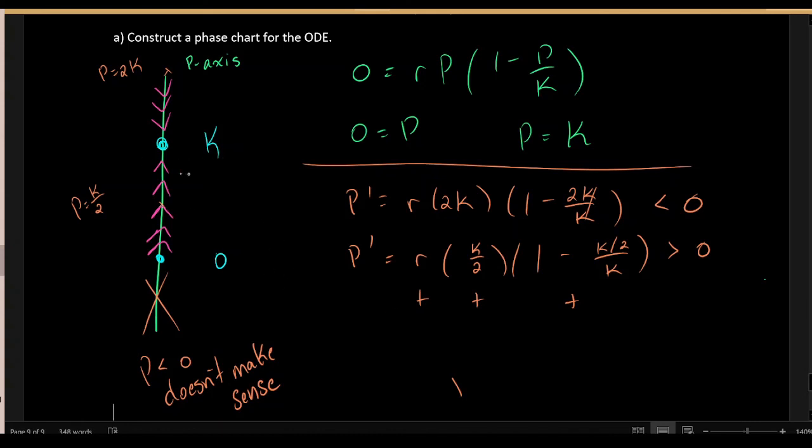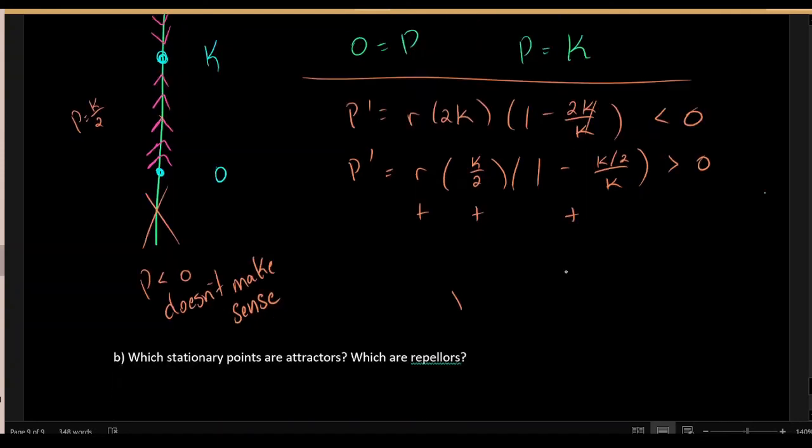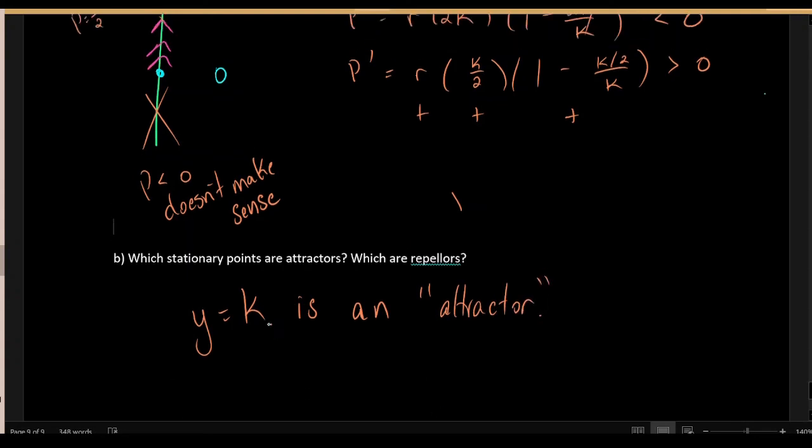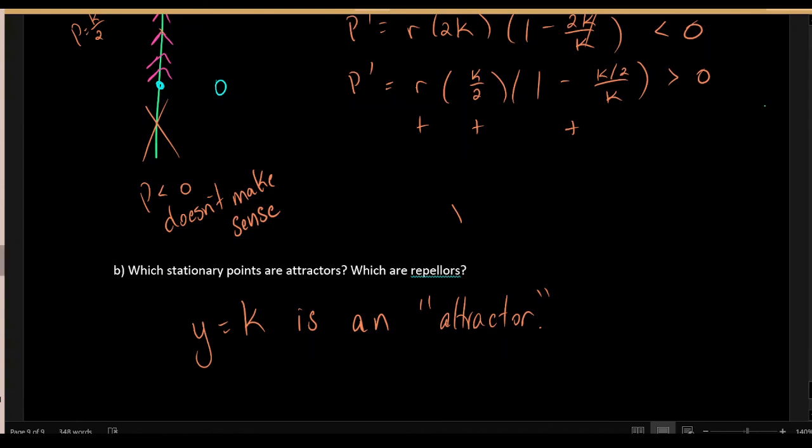If the population ever rises above k or below k due to one of these unusual circumstances, then over time the population will be drawn back toward the carrying capacity. And so in the language of the previous page, we would say that the carrying capacity is an attractor. Over time, the population will be drawn toward this value.